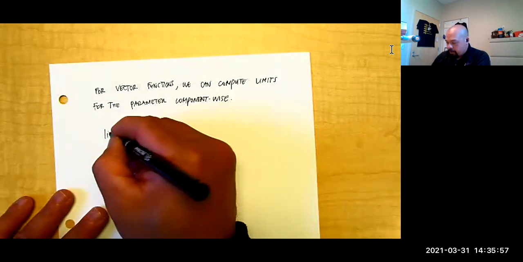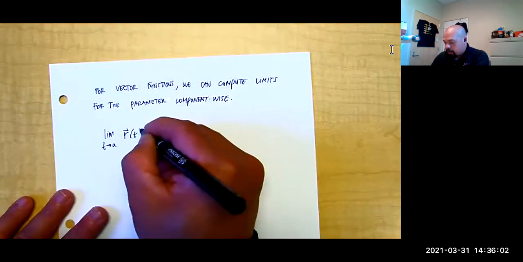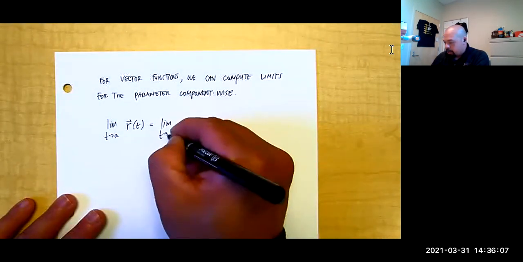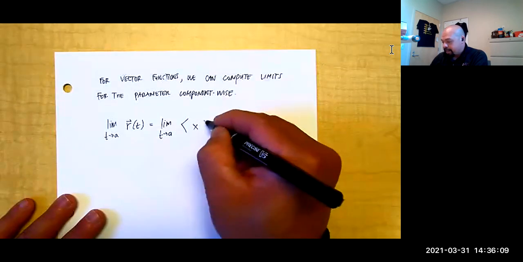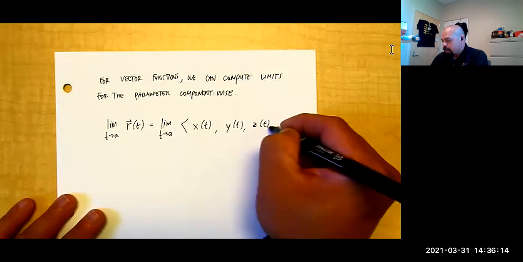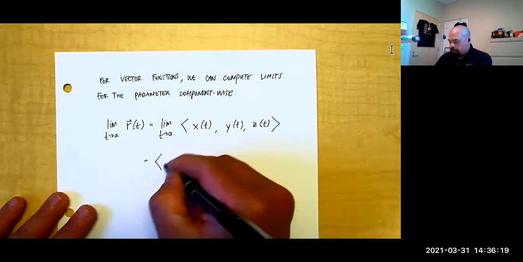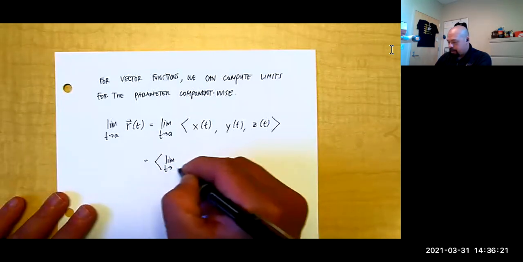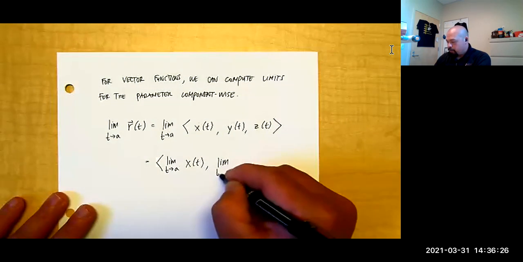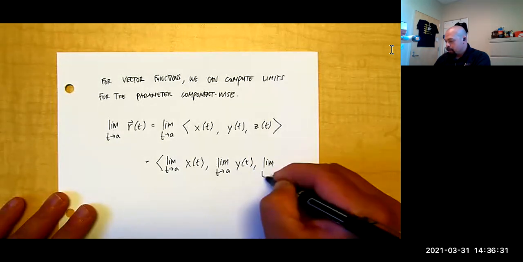So I can take this limit as t approaches a of this r of t to be the limit as t approaches a of that x of t, y of t, z of t, or even using the i, j, k notation. And really we're just saying that we can push that limit through that vector function and just worry about taking those limits component wise.